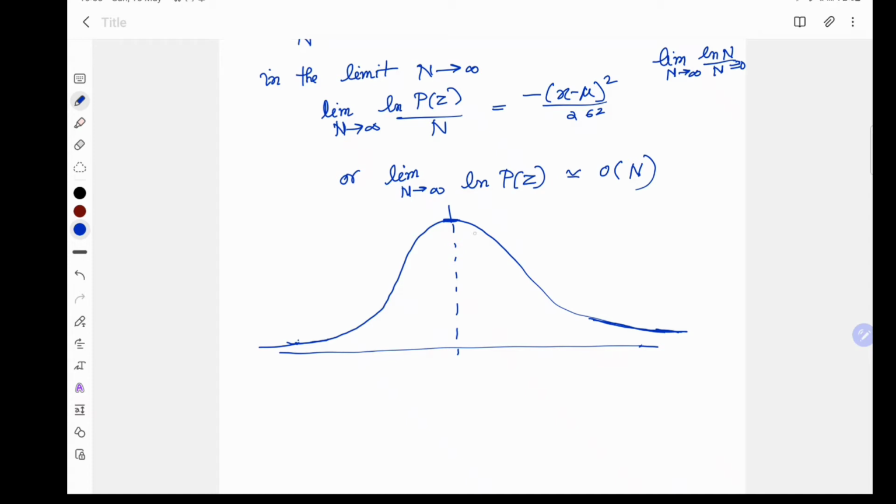And we have seen earlier also that the probability of finding x between mu plus sigma and mu minus sigma is almost 68%. So if you want to get the information above x, let's say greater or equal to sigma, then expanding around the peak and getting the information at the tail is actually very difficult.